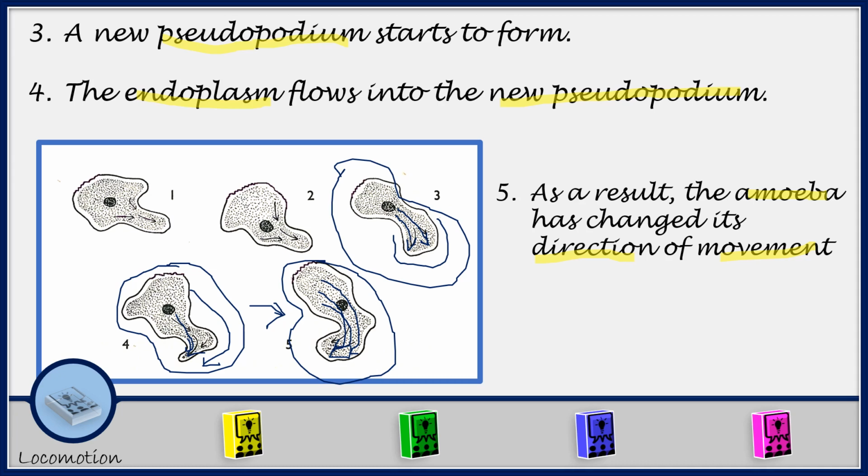It moves by producing a false leg or a false foot, which we call the pseudopodium. That projection is the false foot, which allows the amoeba to move and also change direction.